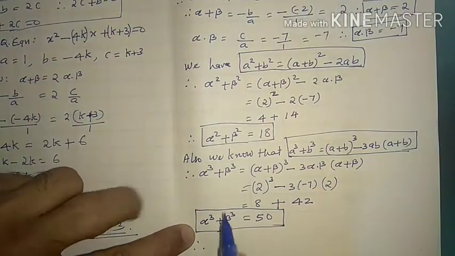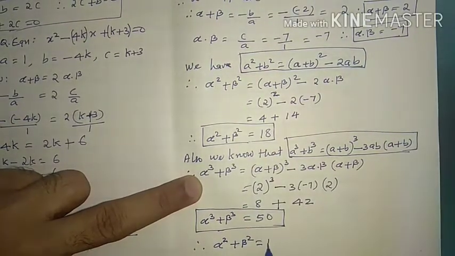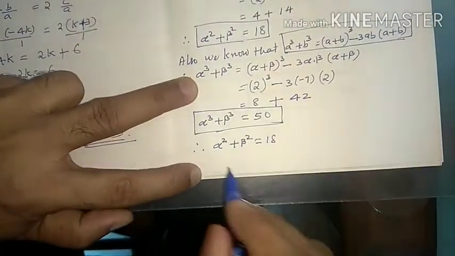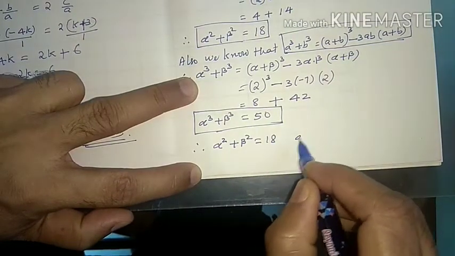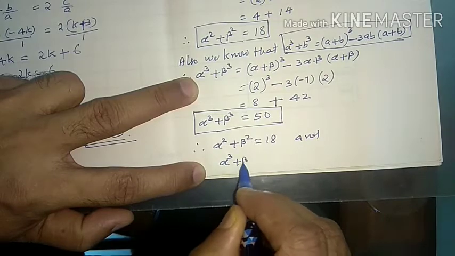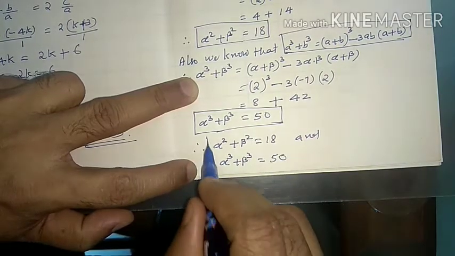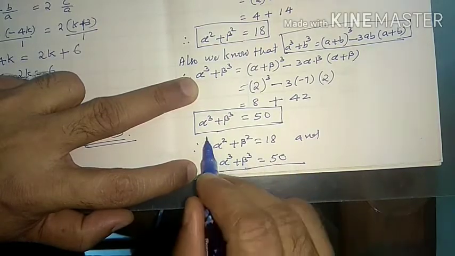Therefore, concluding part, answer: alpha square plus beta square is 18, and alpha cube plus beta cube is 50. This is the final answer.